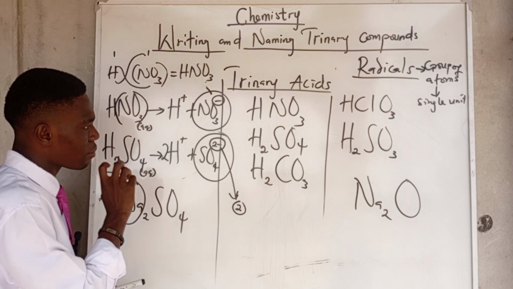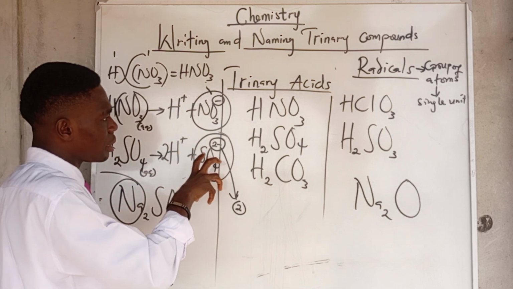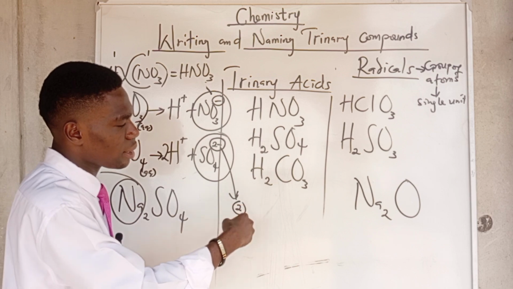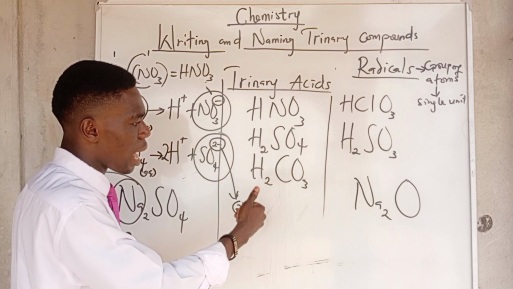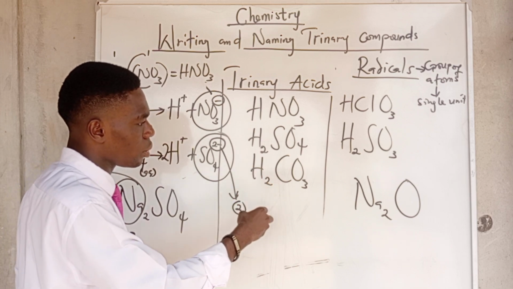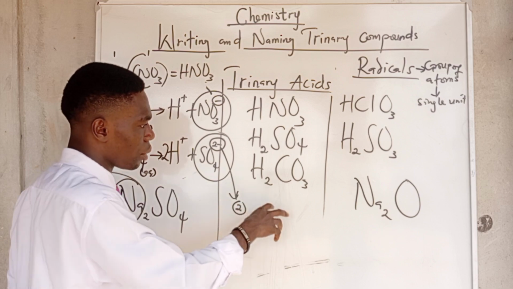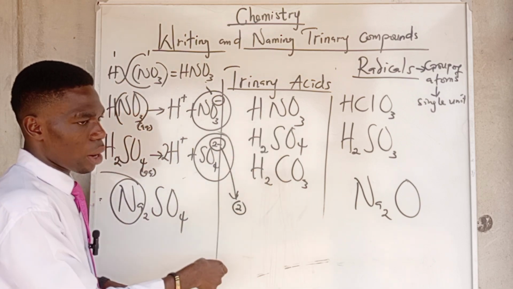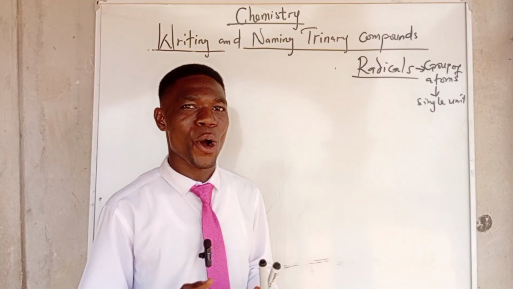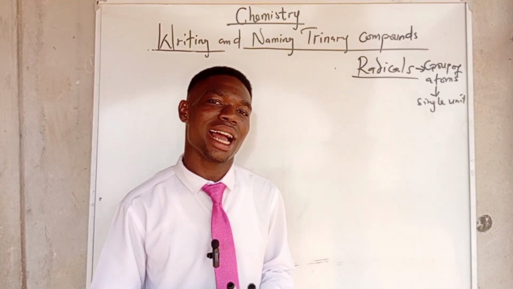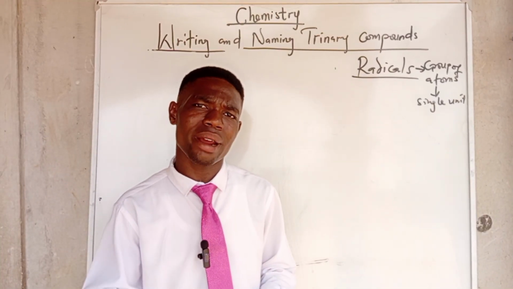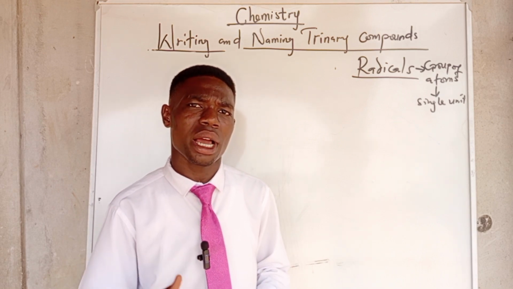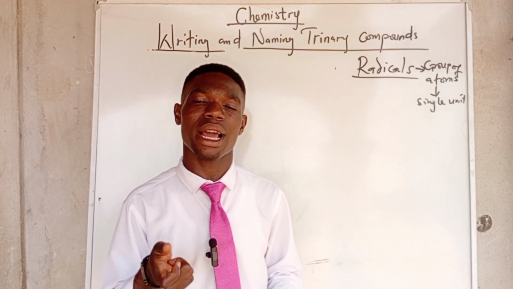So you can now see that from ternary acids we can predict the valencies of the negative acid radical ion that forms other ternary compounds. Are we together now? All right, so we're going to be looking at how to write the correct chemical formula of other ternary compounds apart from the ternary acids.